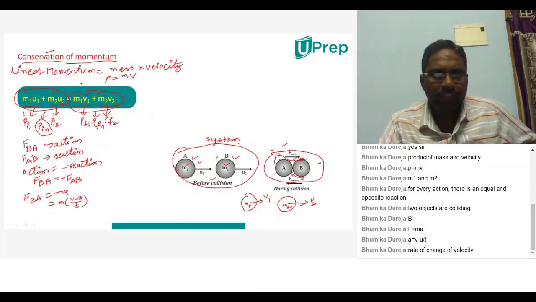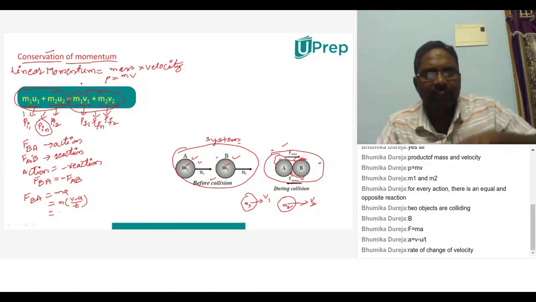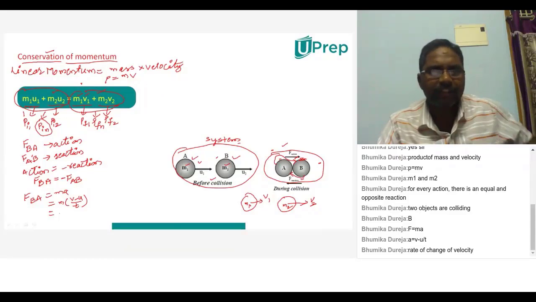Arnav, tell me whether there will be change in momentum of object B or object A now. Sir, B. Very good. Object B. That means you have to take values of object B only: mass, initial velocity, final velocity, time, all these things.